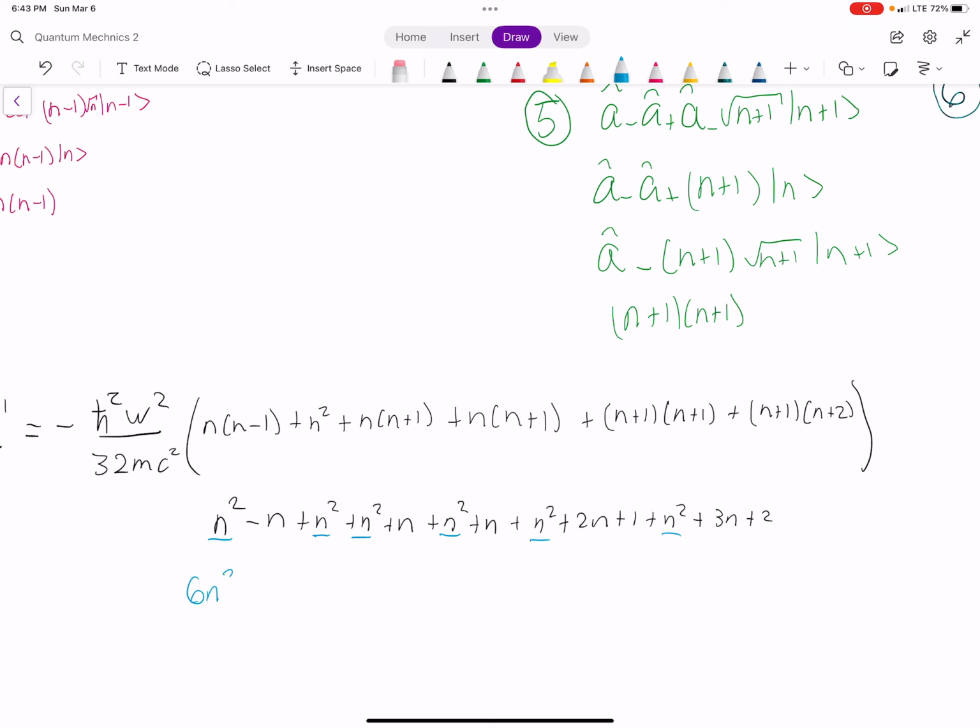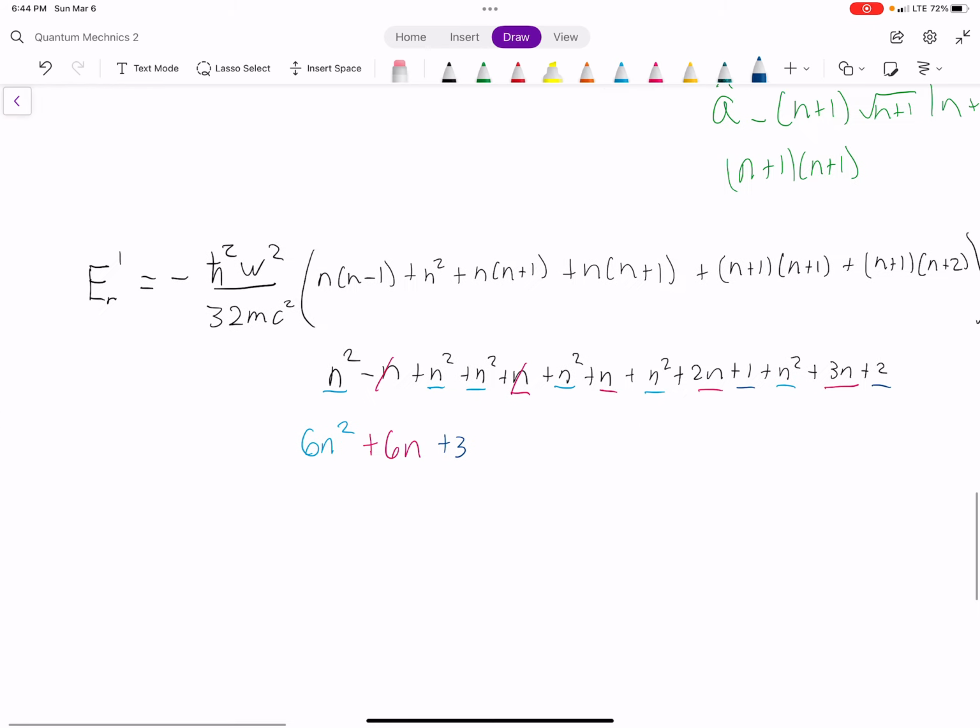So that's 6n squared. Let's see, these drop. 1, 2, 3, 4, 5, 6, plus 6n. And then just plus 3 for our constants, the plus 2 plus 1.